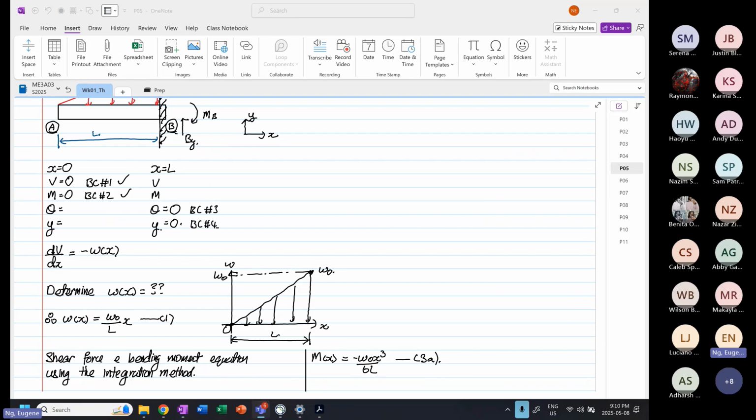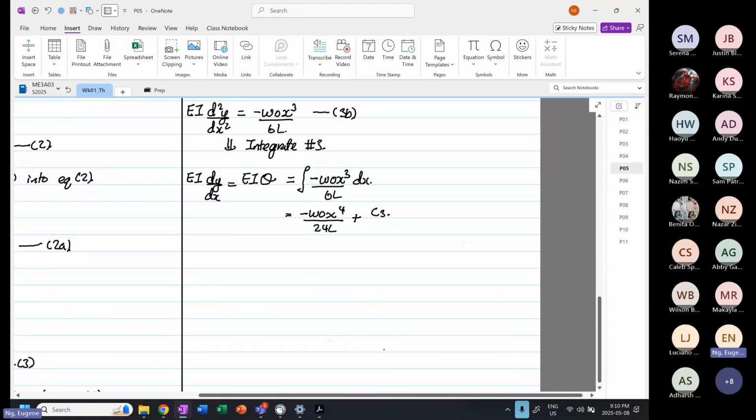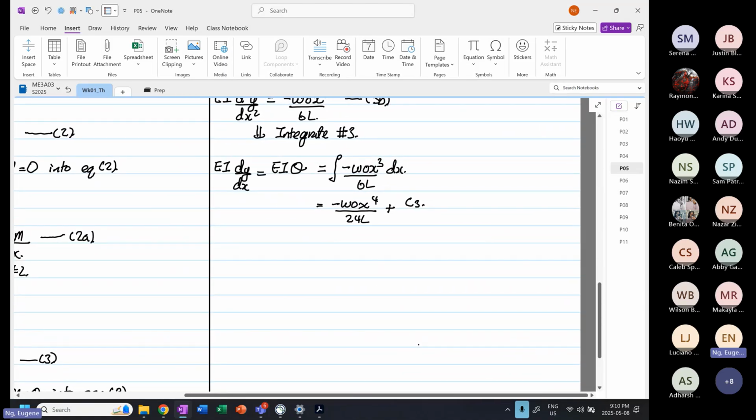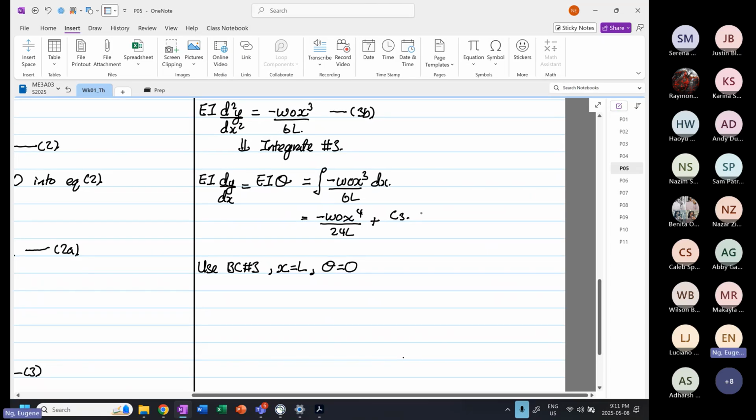Okay, so now going back to this over here, so we are going to use boundary condition number 3, where x is equal to L, theta is equal to 0, okay, right? So the equation that we have, we're going to substitute into equation number 4.